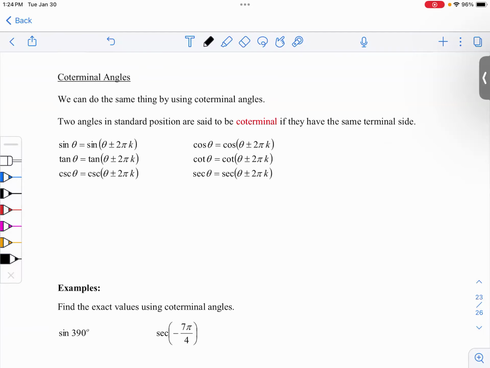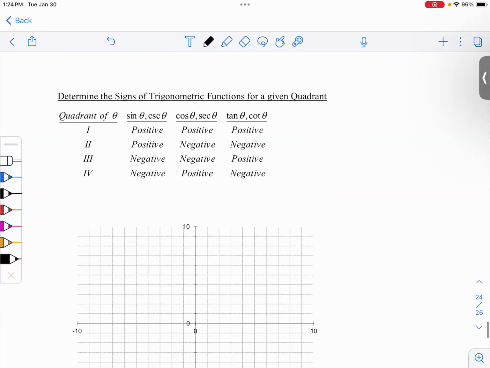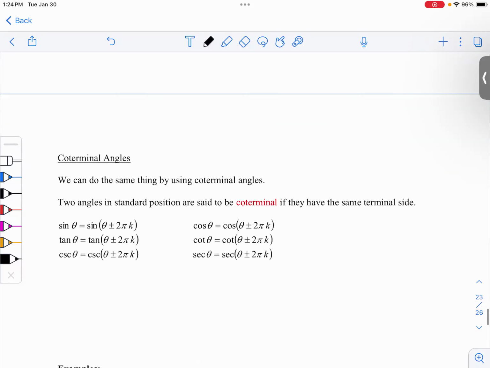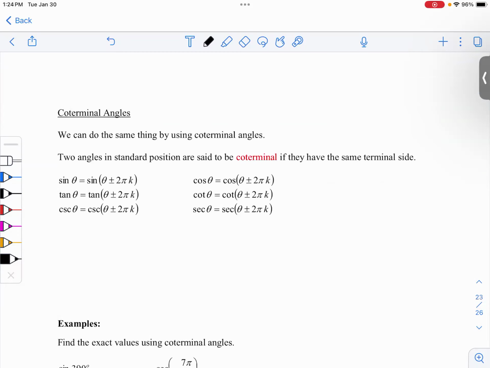Coterminal and reference angles are basically the same thing. It basically says, however many times you're spinning around through the origin or through the positive x-axis, however many times you're spinning back around, subtract that off until you get down to an angle that is basically 0 to 90.